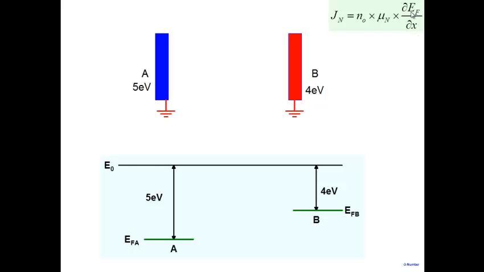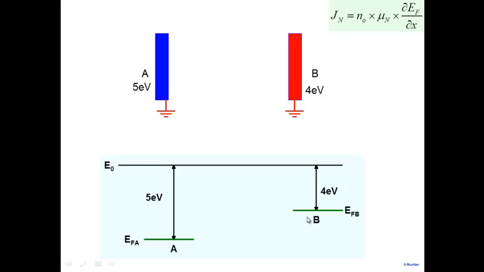If there is a gradient in EF, what is the direction in which the electrons tend to move? See, if let's say EF is higher at some place and lower at some place, what is the direction of the gradient? As I go from here to here, del EF by del x is positive, which means current is positive. What is the direction of current flow?